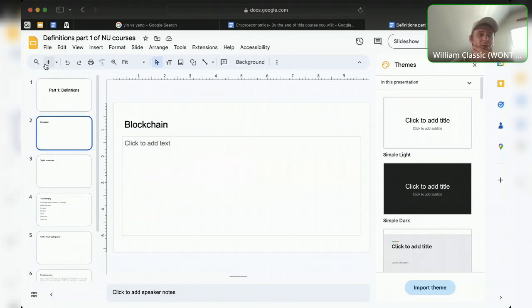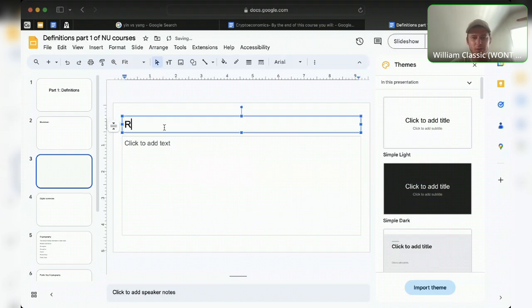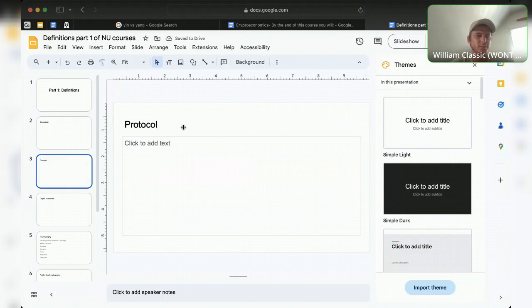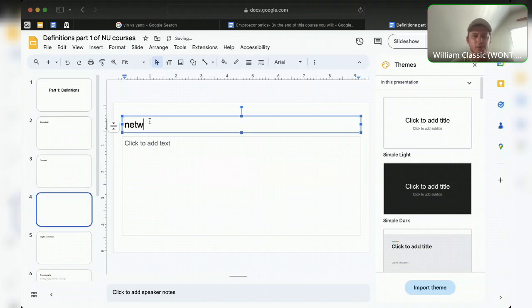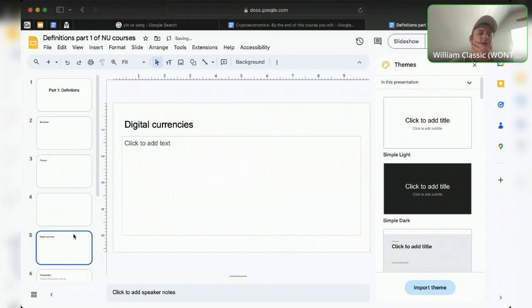Probably going to have to define protocol as well. It's an important term, honestly. Network as well. Let's see, anything else I should get to?